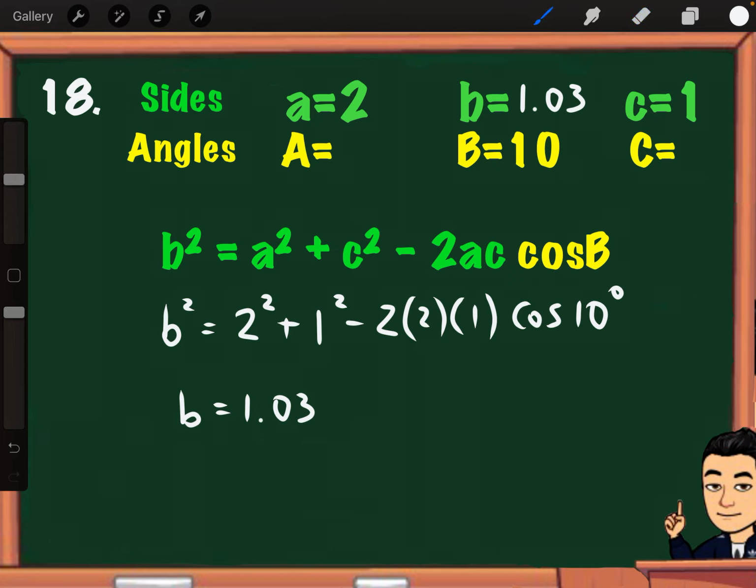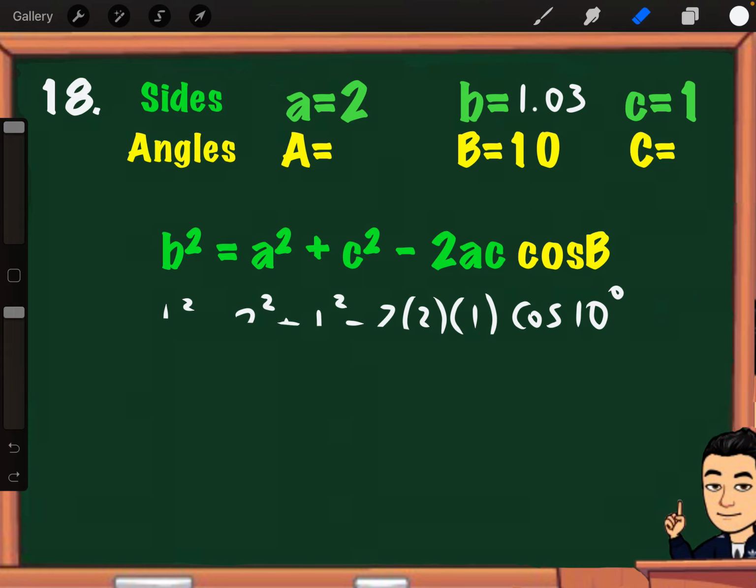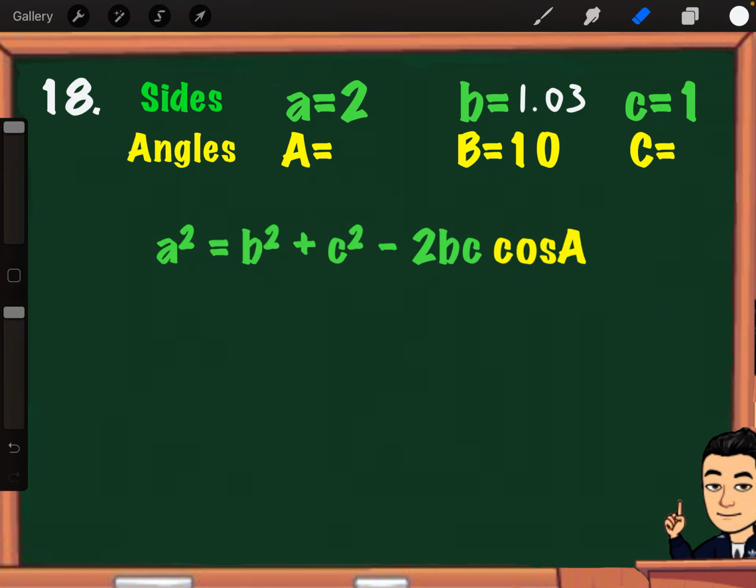And next one, we're going to be solving for the angle A. So I'm going to show you how to do that. I'm going to erase all the work and I'm going to erase this formula. So this is the formula you should be using.